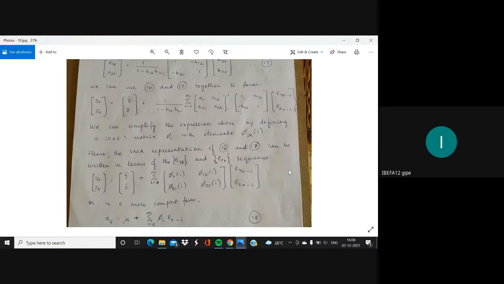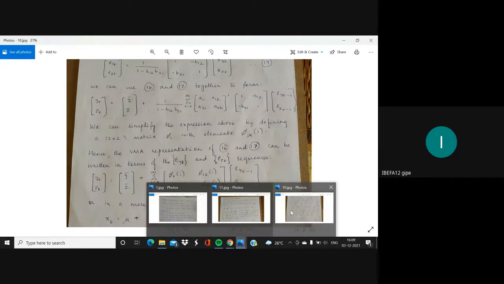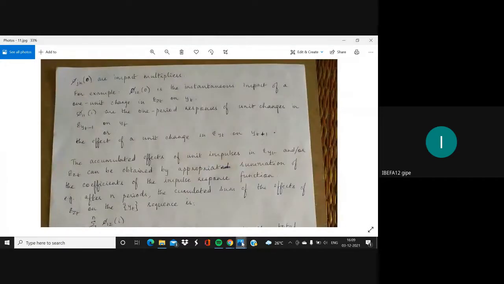So you're seeing exactly what is the impact of a shock in various time periods. Up to n time periods, you can trace the impact of a single shock and see how it's going to affect the time path or the behavior of yt or zt. Just give me a moment, I'll come back to your question. That was Ayush, right? I'll come back to what you were saying.